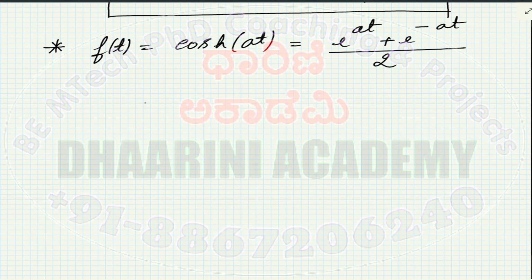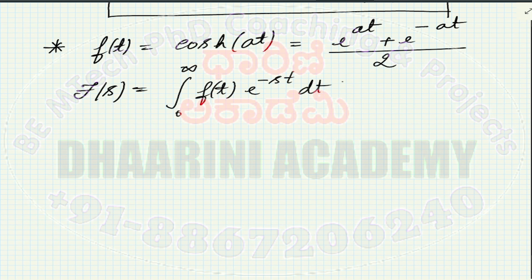Let's try to find the F of s now. F of s is equal to the integral from 0 to infinity of the given function f of t into e to the minus st dt. But this function f of t, I'm going to write using the e to the power function.